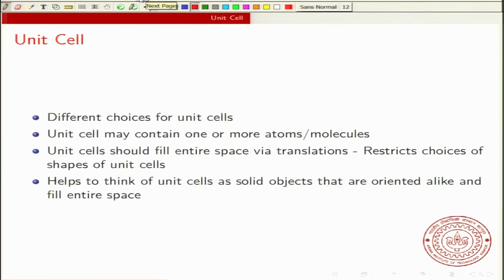It turns out that there are different choices for unit cells, and as I said, we will use an example of a 2D lattice to illustrate this. For now I will just take a rectangular 2D lattice, something like this.